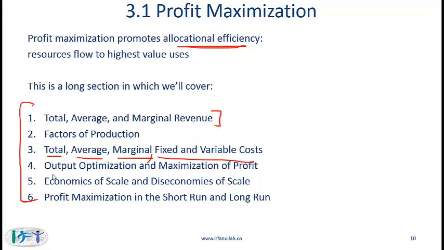Then we'll talk about output optimization and maximization of profit. The idea here will be what quantity to produce in order to maximize profits. Then we will talk about economies of scale and diseconomies of scale. And finally, we will cover profit maximization in the short run and long run.